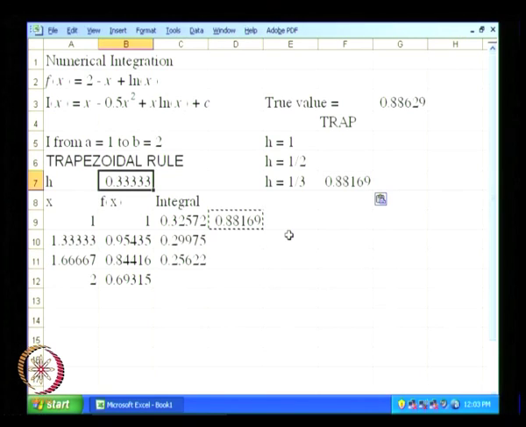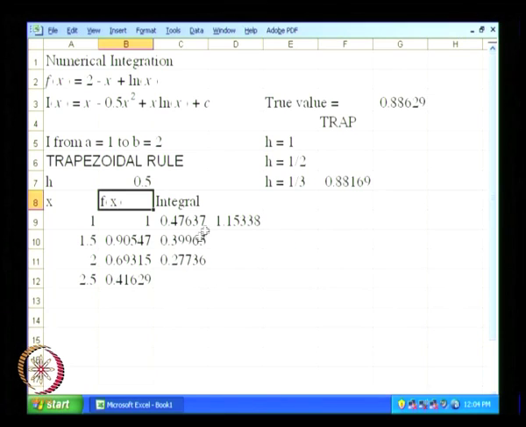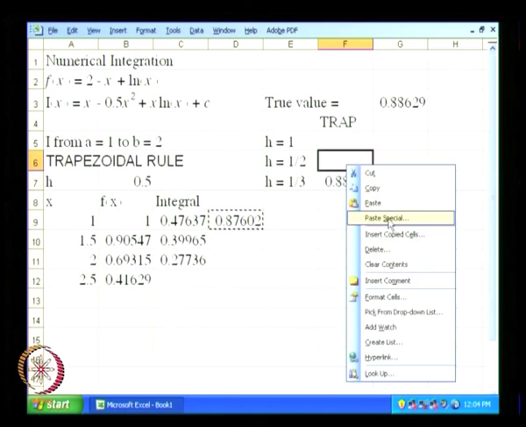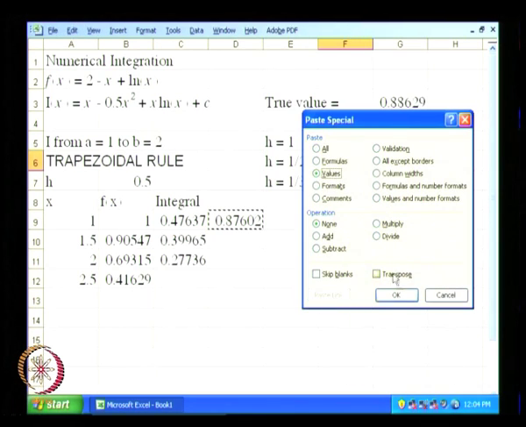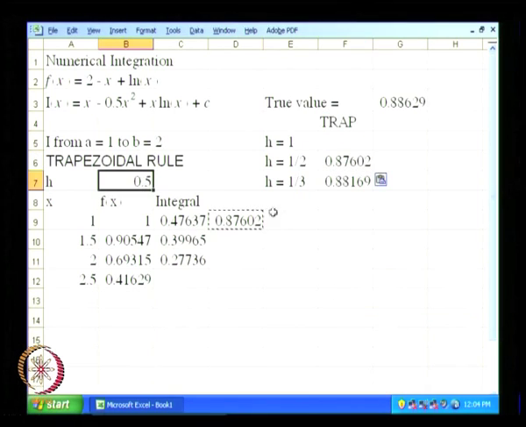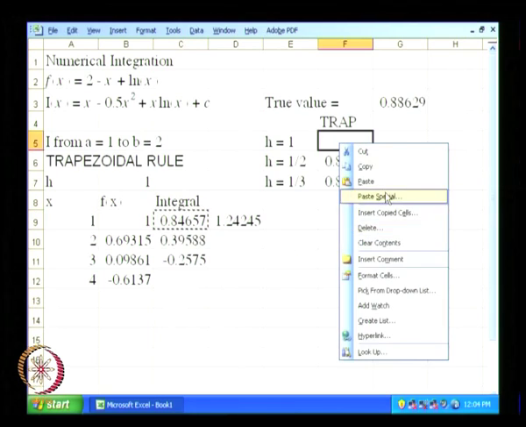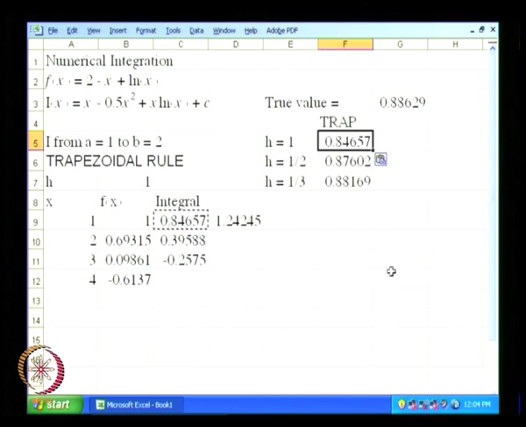When h equal to 1 by 2, the value was 0.87602, I will paste it over here, and when the value of h was 1, that means we had one single interval, this was the value, and I will do the paste special values over here.